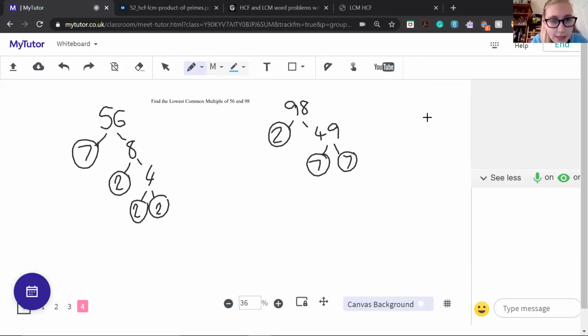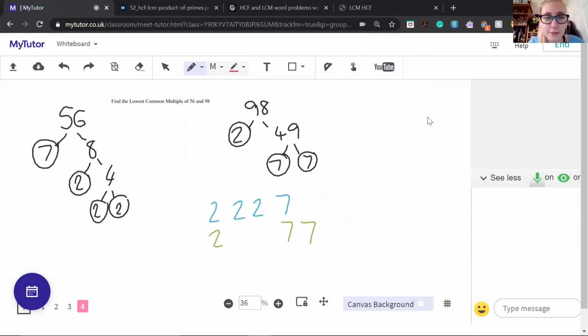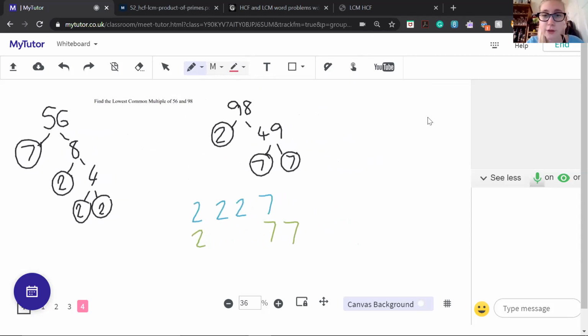So let's write them out. So 56 is 2 times 2 times 2 times 7. And 98 is 2 times 7 times 7. So what I'm saying is that we could find a common multiple by doing, I'm going to try to re-explain it as I'm doing it, just 56 times 98.